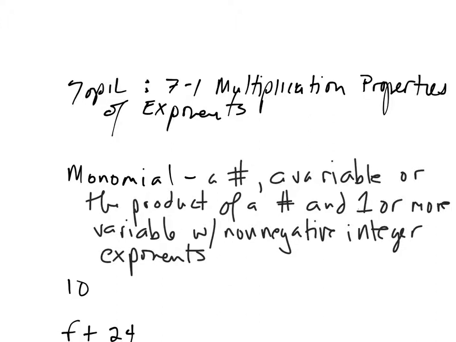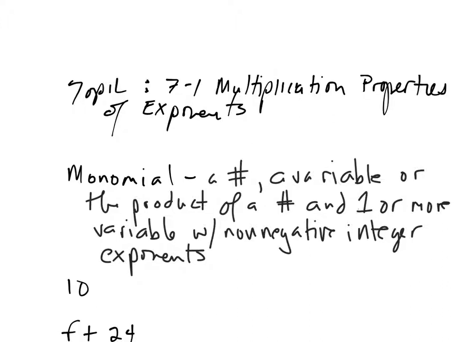All right, so it is a number or a variable or the product of a number and one or more variables. And those variables should have non-negative integer exponents.